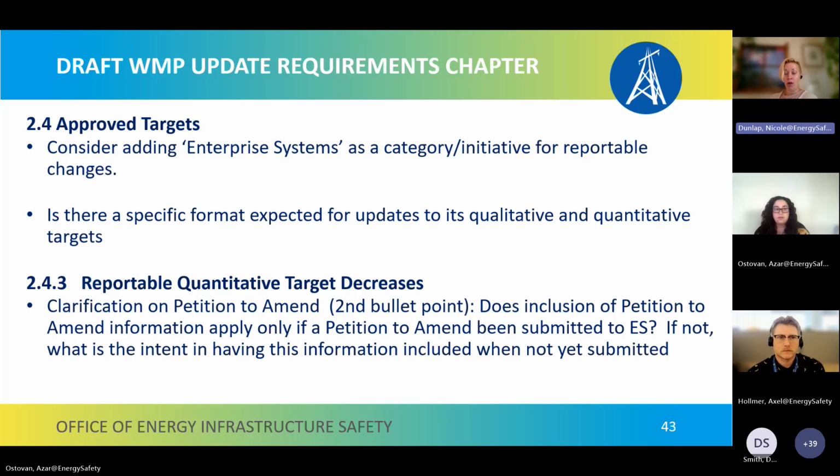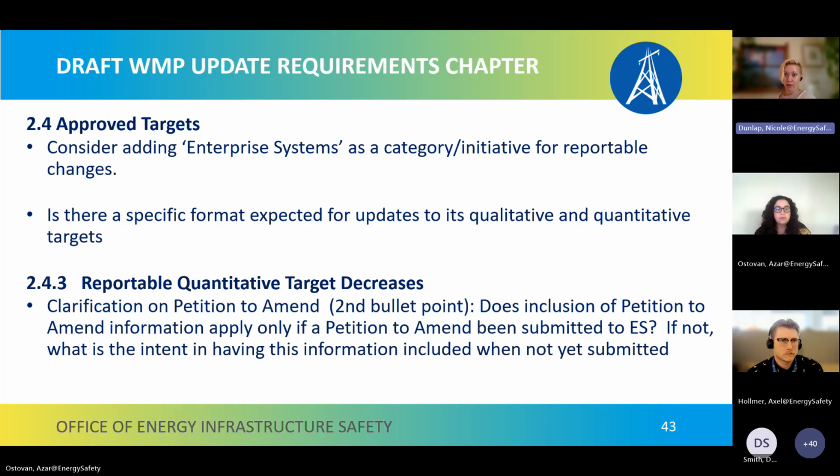If it's a whole calendar year later and you're getting ready to submit your update WMP and that's when you get your GRC decision, then the timing of that better lends itself to including those changes in your WMP update.